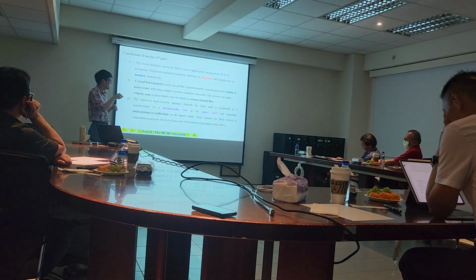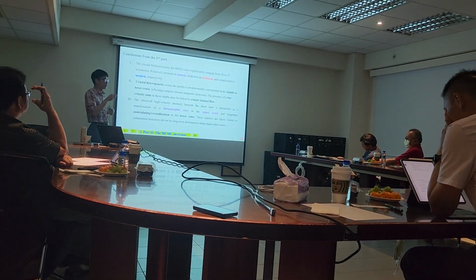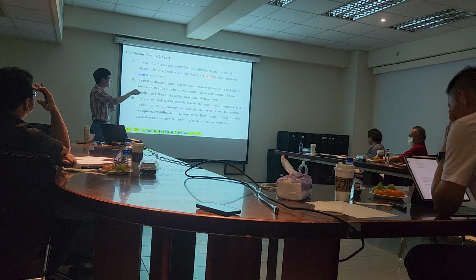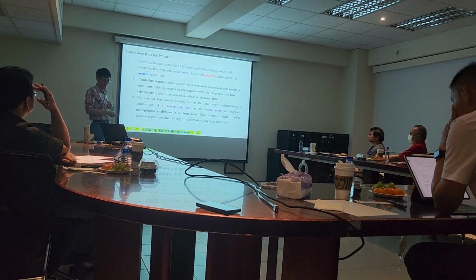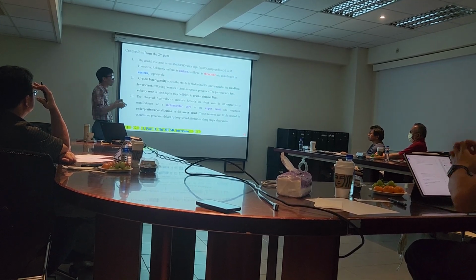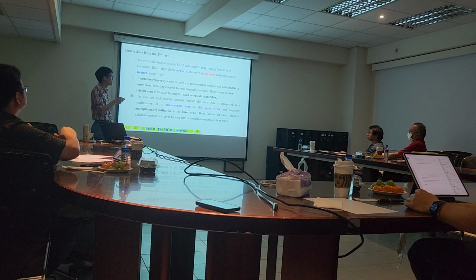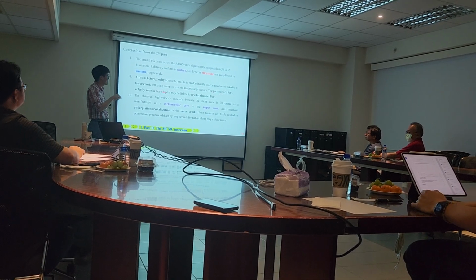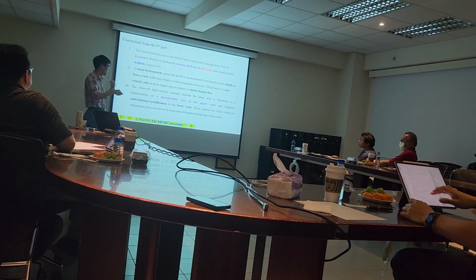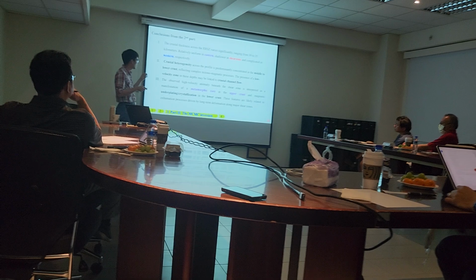And crustal heterogeneity across the profiles is mostly concentrated in the middle to lower crust. It may reflect a complex tectonomagmatic process, and it may represent the crustal channel flow of this area.